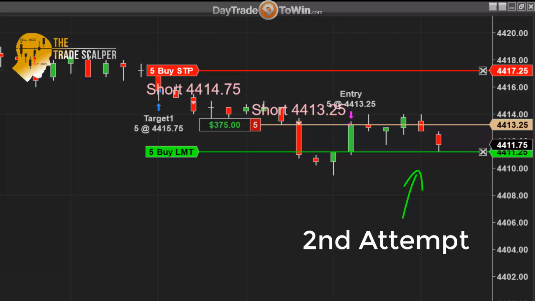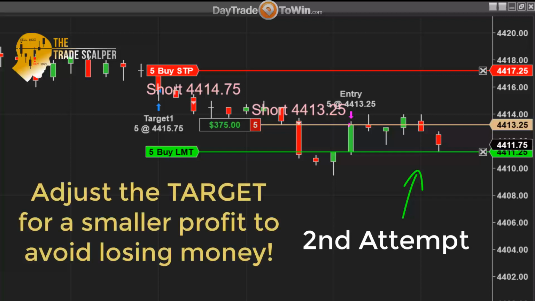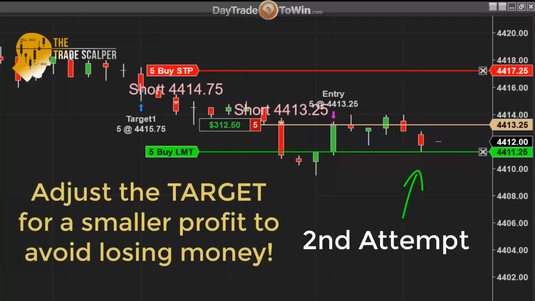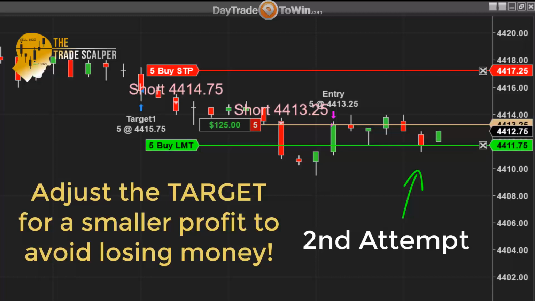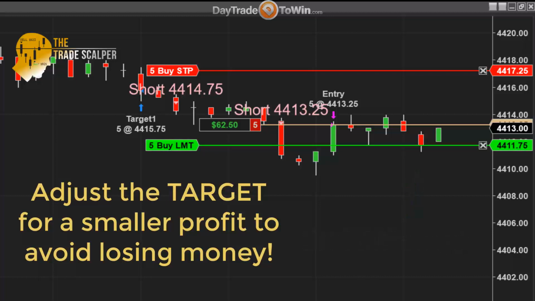It touched your target, especially if you have a limit order. You may not get filled. So you can see it touched 44.11 quarter and it does not fill you. At this point, look at how much time you're in a trade. Look at the amount of attempts to hit your target, and it failed.